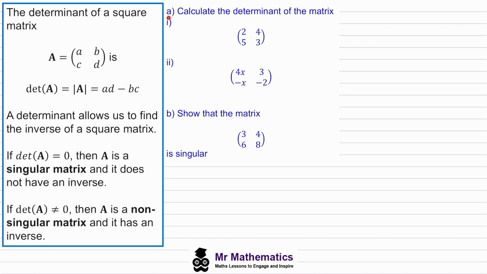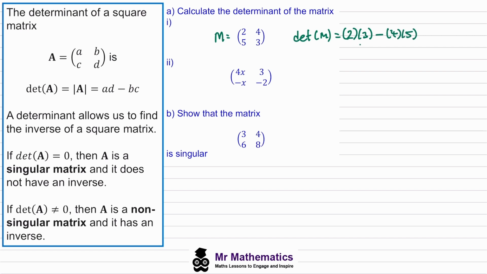So in example A, we've been given this 2 by 2 matrix, and we've been asked to work out its determinant. So we're going to use this formula here, where this would be our a, b, c, and d values. So if we say this is matrix M, well then the determinant of M will be equal to the product of the 2 and 3 minus the product of the 4 and the 5.